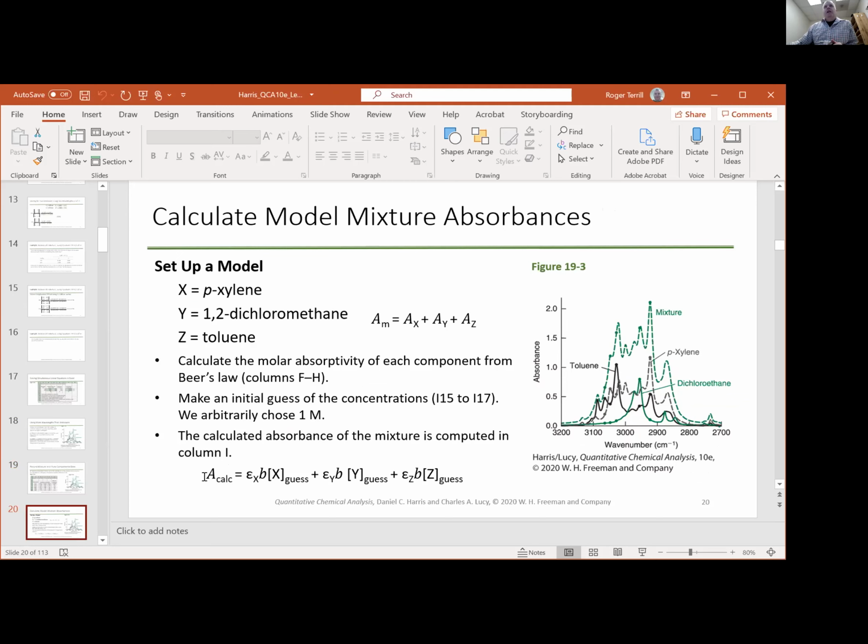You'll have a calculated absorbance that will equal epsilon times b times your gas concentration for X, plus epsilon b times your gas concentration for Y, plus epsilon b times your gas concentration for Z. These epsilons are epsilon X, epsilon Y, epsilon Z. Basically this is just a restatement of the good hypothesis that A of the mixture is equal to the sum of the components.